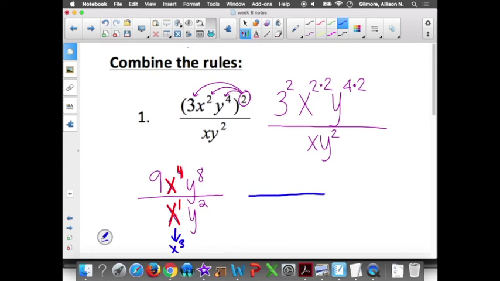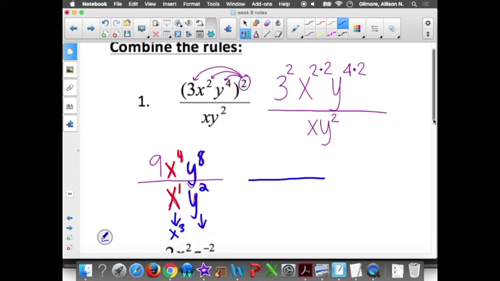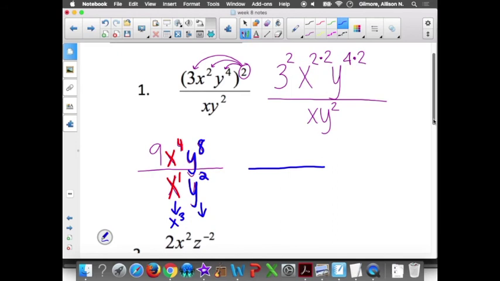And we have y to the 8th over y squared, so we're going to subtract 8 minus 2. 8 minus 2 is 6, so we have y to the 6th. These ones right here, since there's no negatives, we keep them in the numerator.